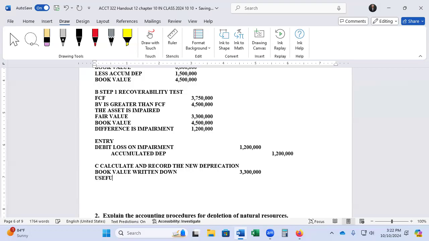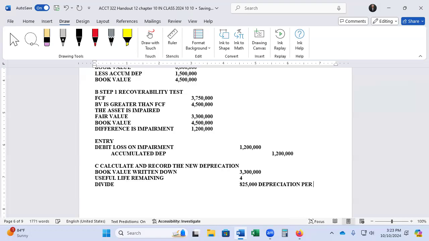Our useful life remaining, 4 years. So we divide and we end up with 825,000 depreciation per year.